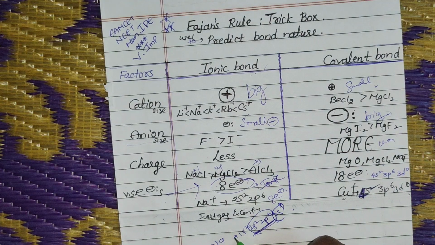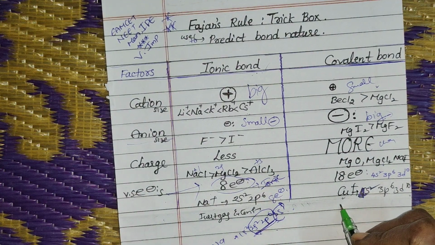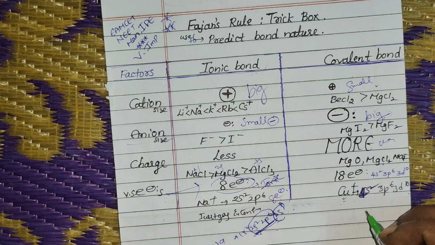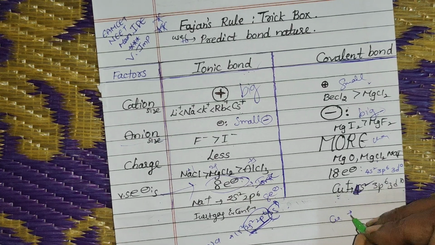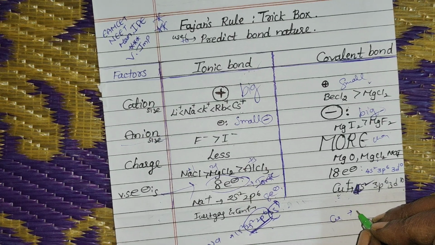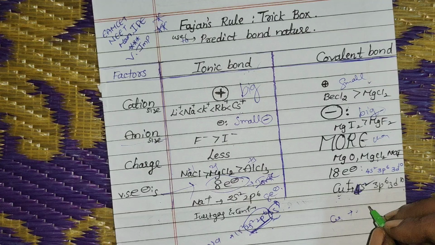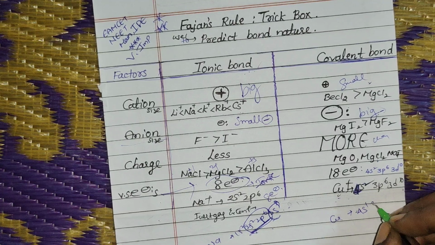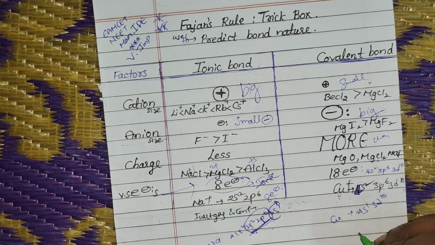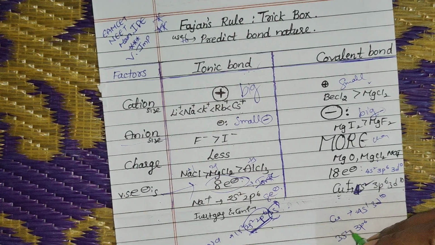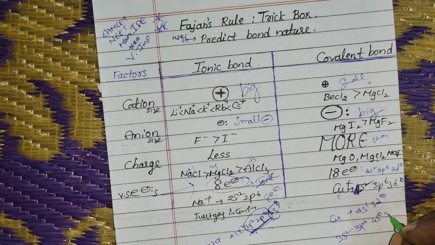Sodium is always ionic bond, right? The next one is the 18 electrons phenomenon, especially for copper. What is copper's valence shell? 4s1 3d10 is there. Before that we have to take 3p6 also, so if you check properly it gives 3s2, 3p6, 4s0, 3d10.